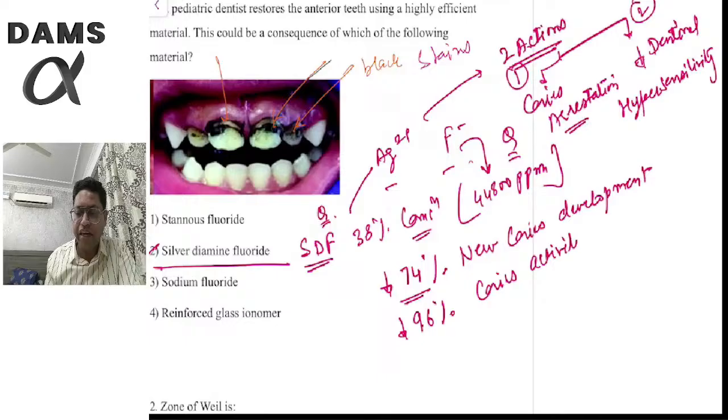So whatever active carious lesion has been there, when we excavate and restore with silver diamine fluoride, there's a 96% decrease in activity and a 74% decrease in the development of new carious lesions.